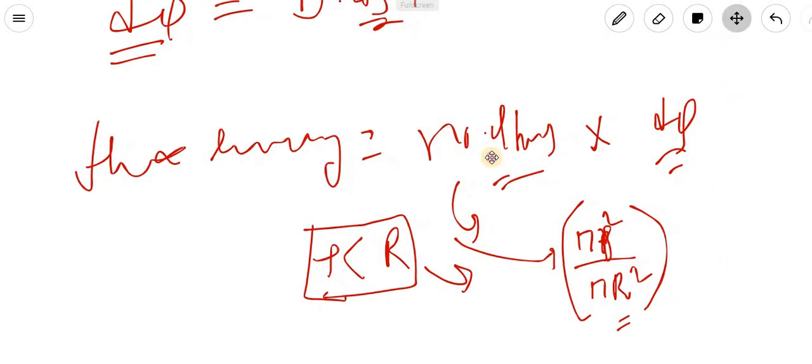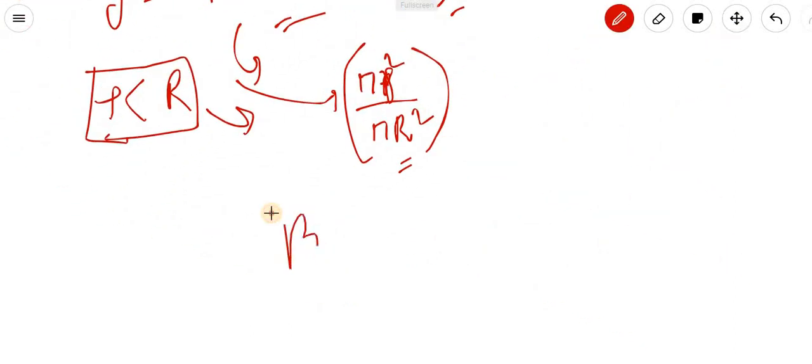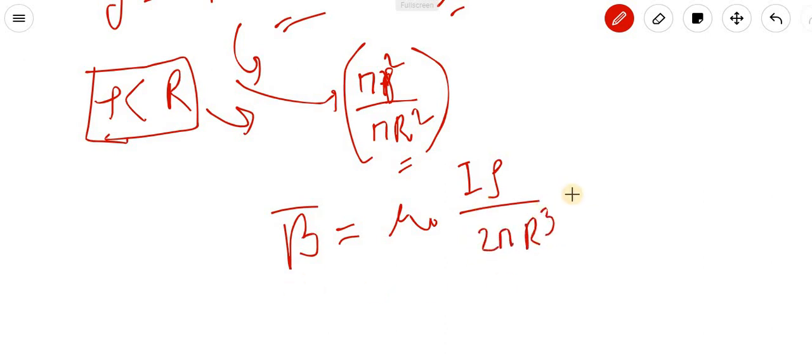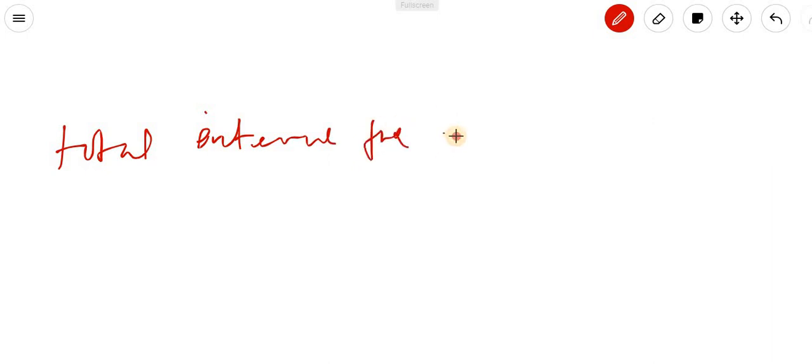As we know the magnetic flux density B is mu naught H, which is mu naught I rho over 2 pi r squared, in the direction of phi. So what would be the total internal flux linkage, represented as lambda?